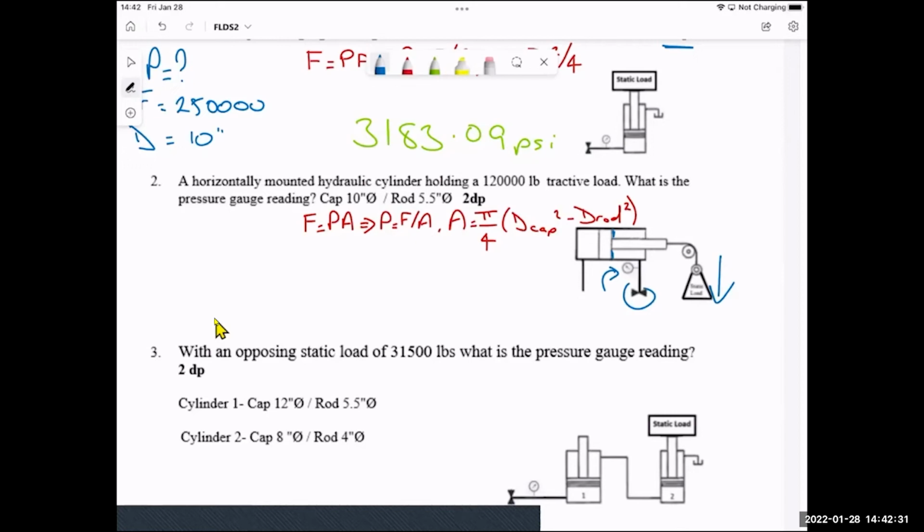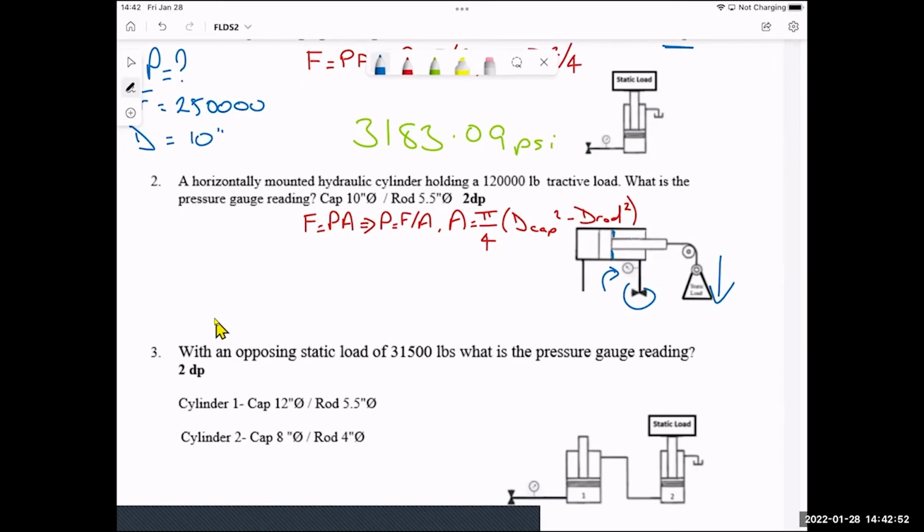So my force is acting on an annulus area, not on the cap area. Same equation, force equals pressure times area. But my area is acting on the annulus, so it's pi over 4 times the diameter of the cap squared minus the diameter of the rod squared, in order to get the solution for that.